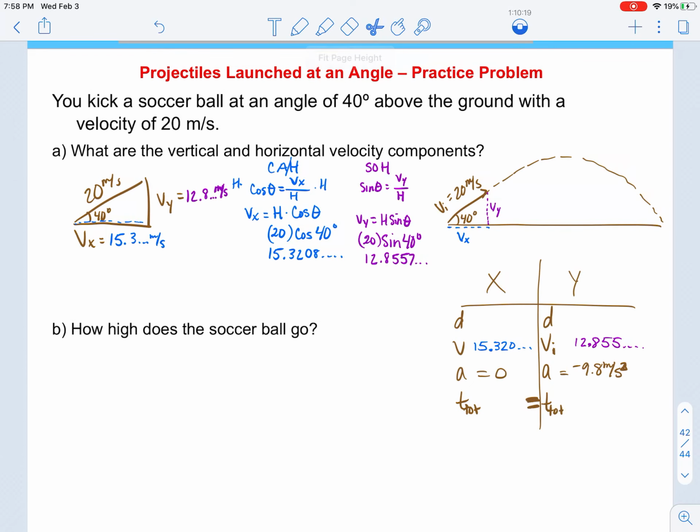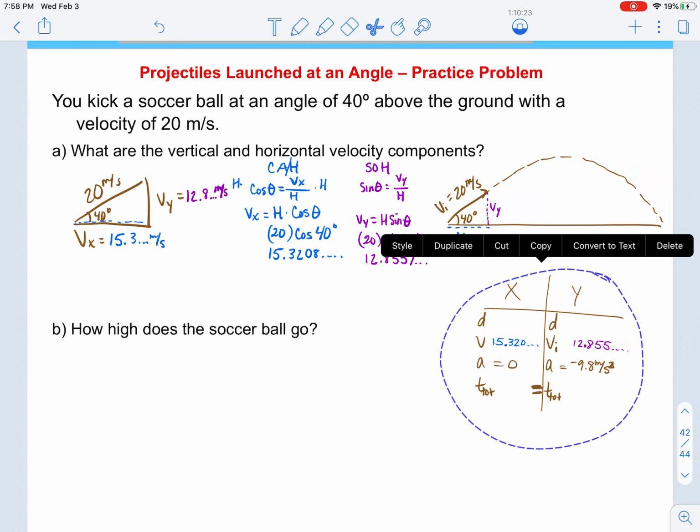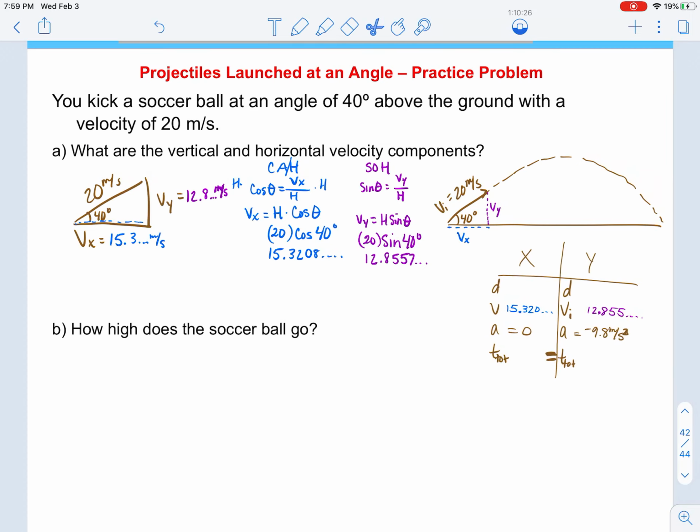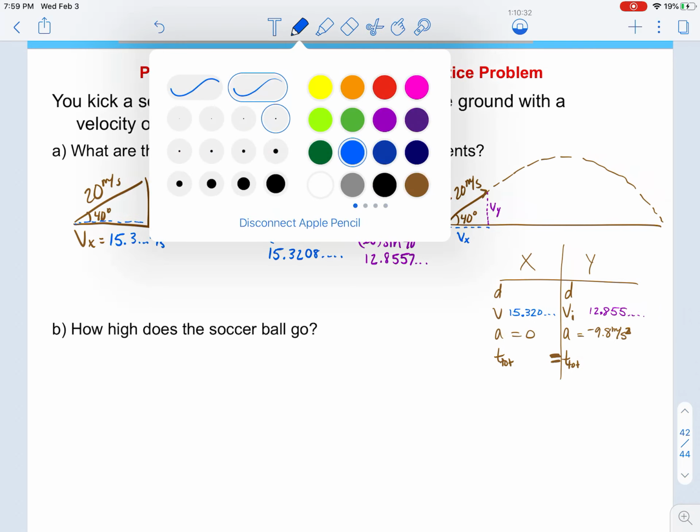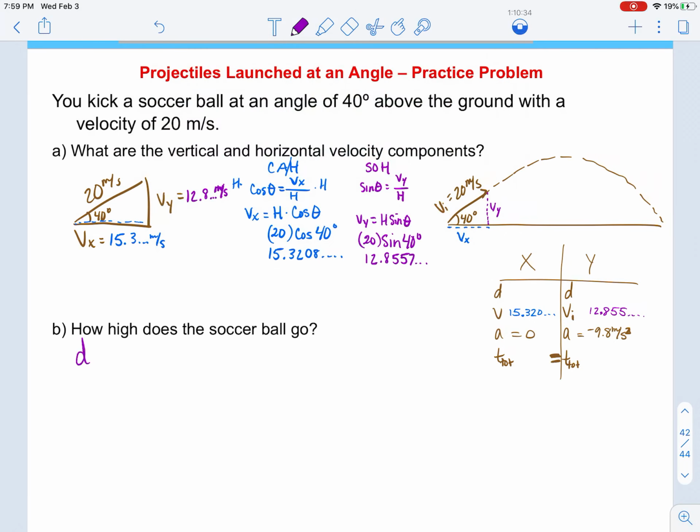What we're doing in question B is calculating how high the soccer ball went. So we are looking for our displacement in the vertical direction. They want to know how high, and we have to pause and think about what we know for vertical motion.